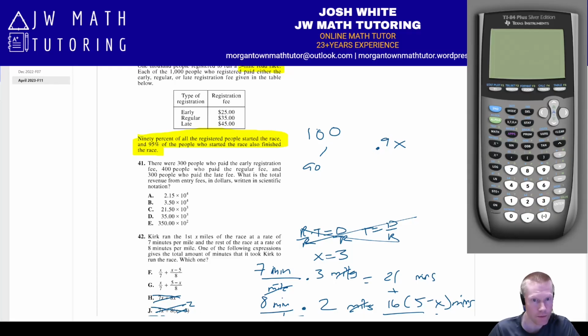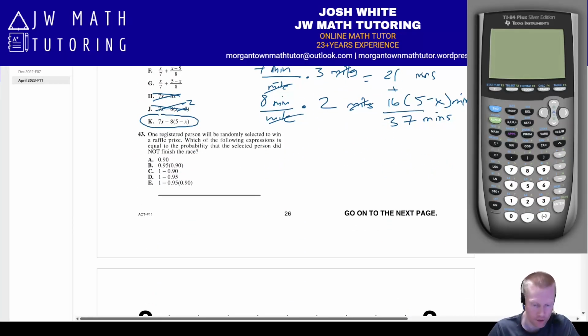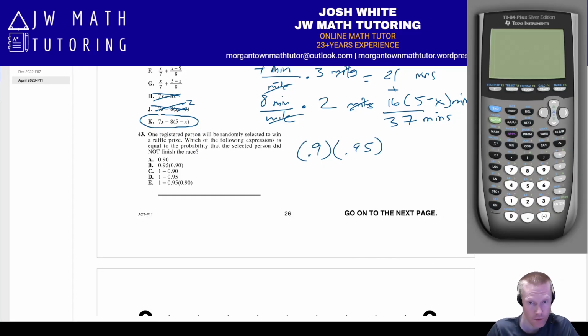And then of the people who started, 95% finished. So then, 95% of 90, that would be the people that actually finish, versus do not finish. So you take the 0.9 of people that started, 90%, and then you multiply that by 0.95 of people that finished the race.